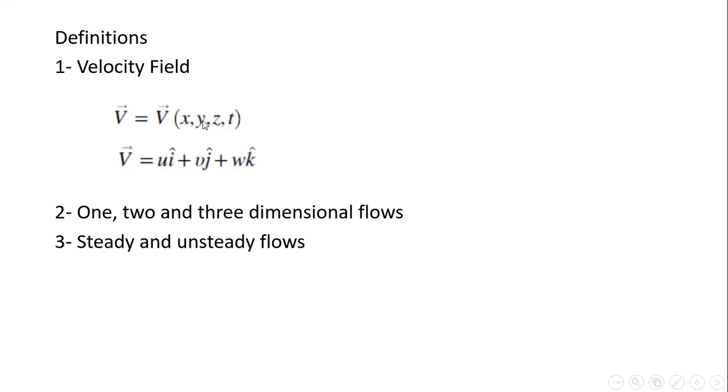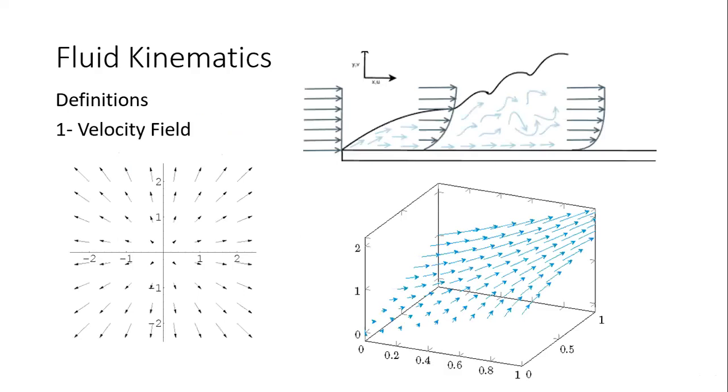This relation means that at each point in the flow domain, because we define the point in the flow domain by x, y, and z, at each x, y, and z, you have a velocity that could be different from the velocity at another x, y, z point. And from time to time, the velocity could also change.